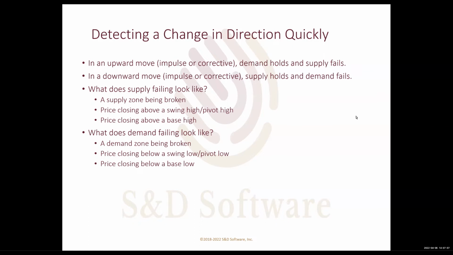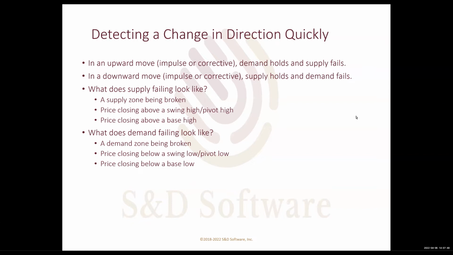We were not able to get a, what would you call it? A warm fuzzy, that there's a lot of demand left there. We didn't have any way to estimate how much demand was left. So we did not turn it into a zone. That doesn't mean that there's no demand left there. It just means that we don't know how much is there. And so we don't know how to treat it.